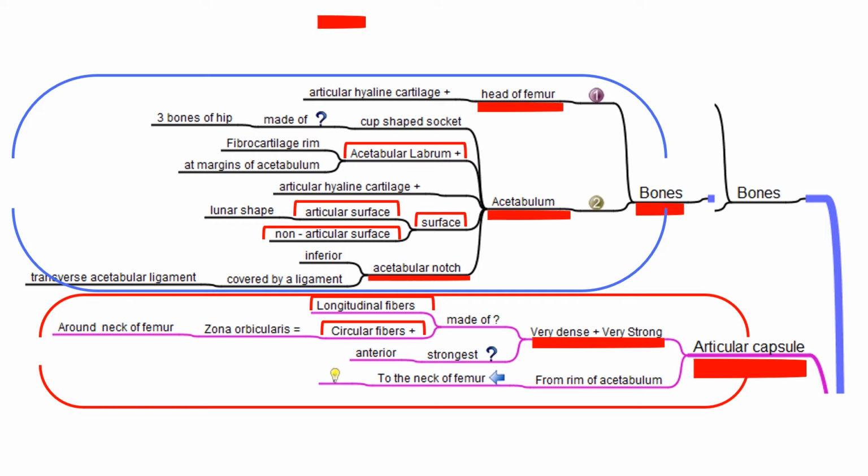So the conclusion is that this capsule is very well arranged and very well designed, and it is strongest anteriorly, and it extends from the rim of the acetabulum on the hip bone down to the neck of the femur.